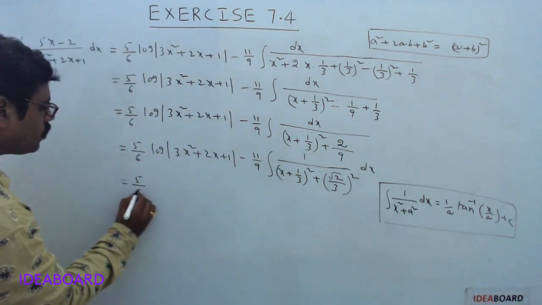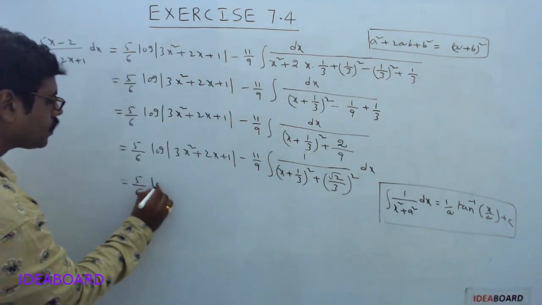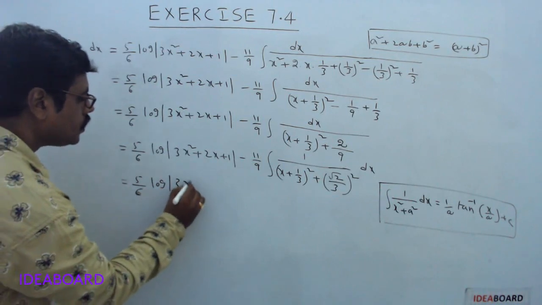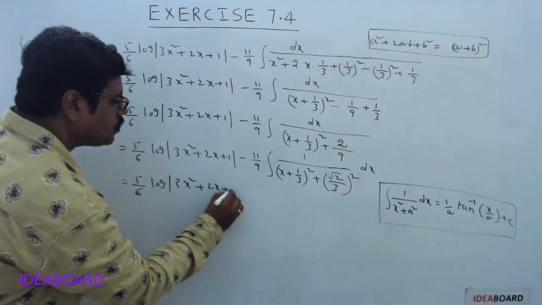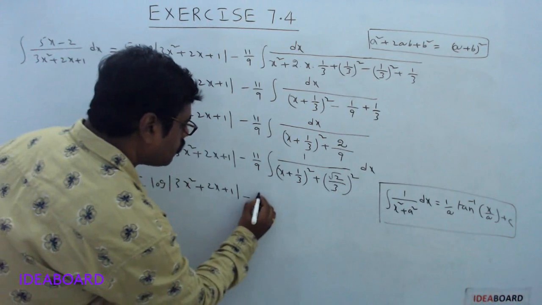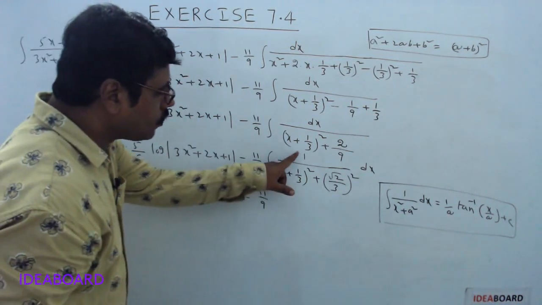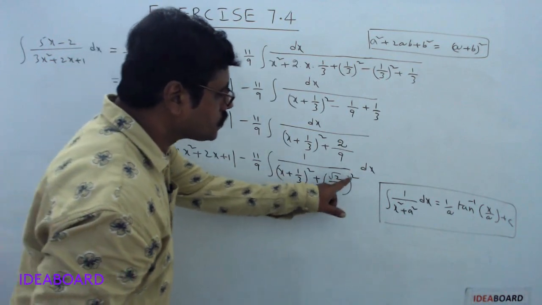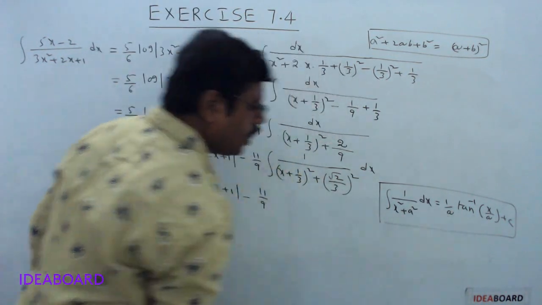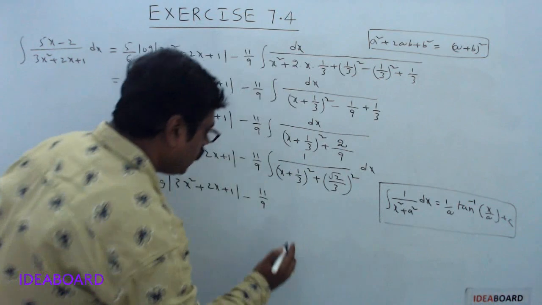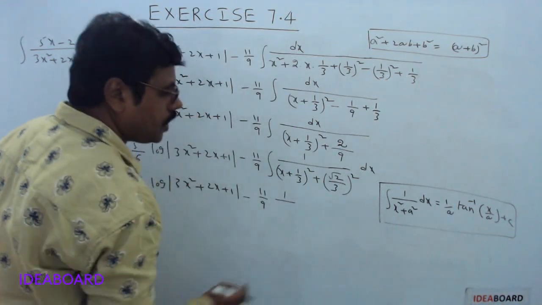So use this formula on this term. Now this is 5 by 6 into log mod 3x square plus 2x plus 1 minus 11 by 9 into integral 1 by x square plus a square dx. Apply this formula: 1 divided by a.